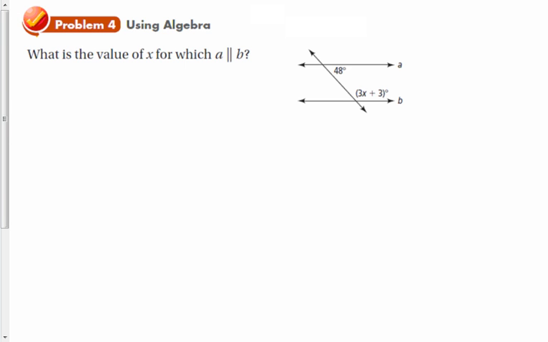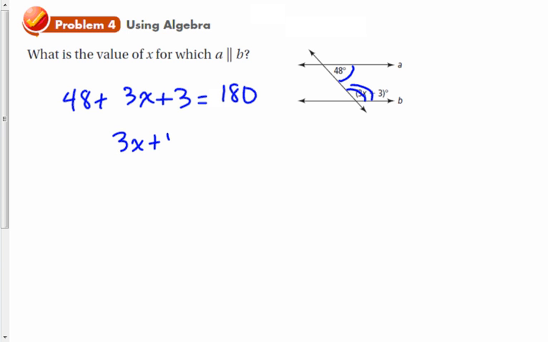All right, problem 4. What is the value of x for which A is parallel to B? Well, if A is to be parallel to B, then these two angles need to be supplementary. So we're going to say 40 plus 3x plus 3 is equal to 180. And that's from the same side interior angles theorem.